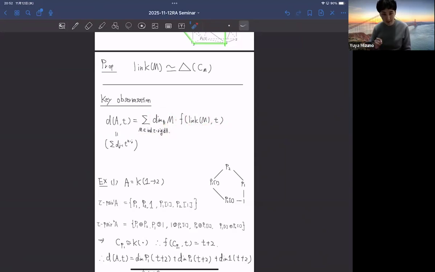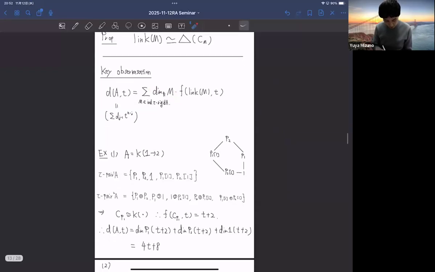So again, let me explain this meaning. Consider the same example. We already calculated this d-polynomial, but this equality explains another way to calculate. For example, focus on P1. You can find P1 is here and also here.